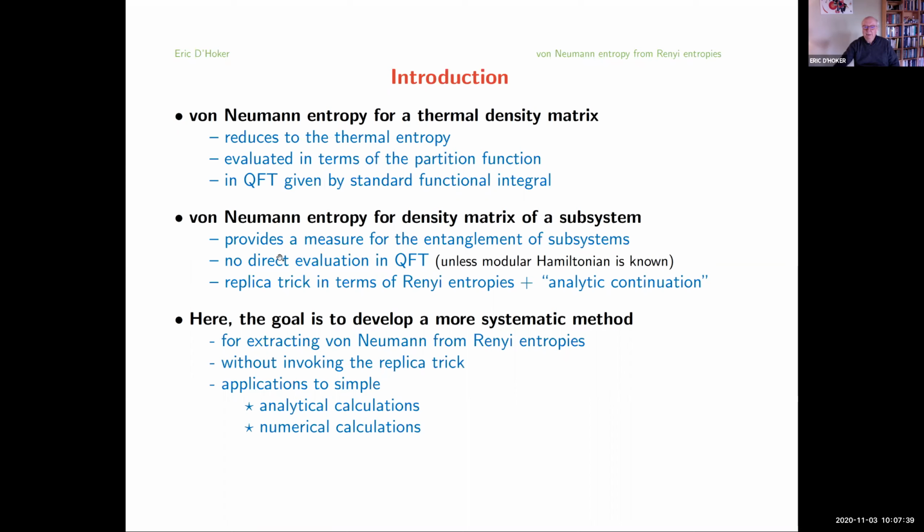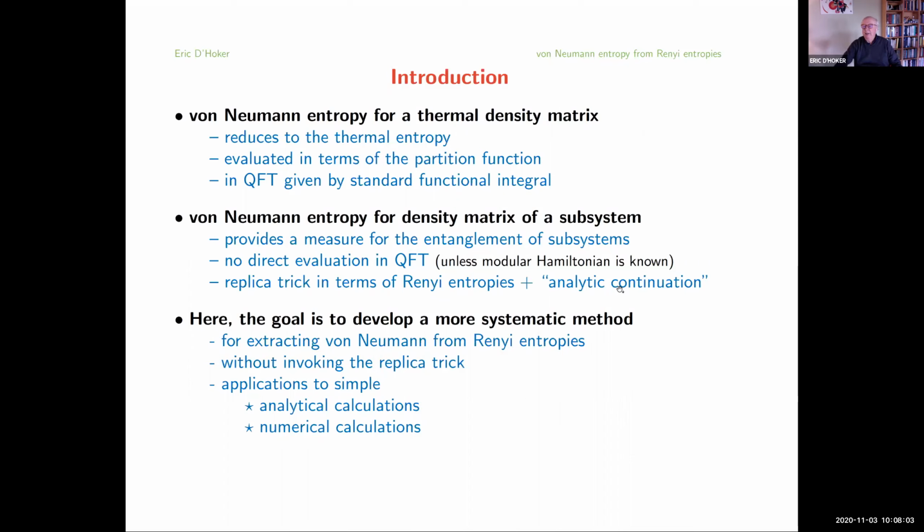So in the absence of a direct method in quantum field theory, what's often used is the replica trick in terms of Renyi entropies. And I'll explain that in detail, but essentially the replica trick evaluates several copies. The copies are labeled by a positive integer n.